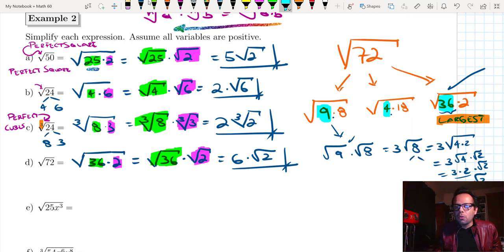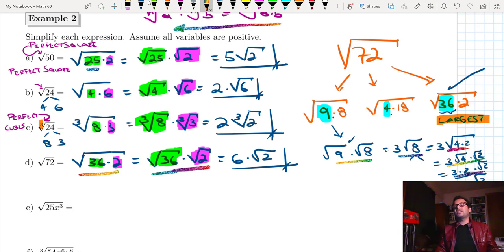Notice how we did only 1 and 2 steps. In this case, it took 1, 2, 3, 4, 5 steps to solve the exact same problem. So again, try to keep it as simple as possible.